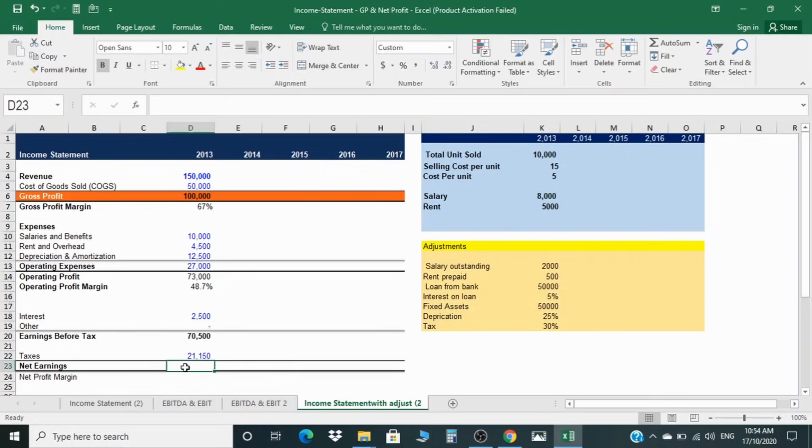Now you go by net earning. Net earning is earning before tax minus tax. You will get your net earning 49,350. And if you want to calculate the margin, divide by revenue; the percentage is already there, so you don't need to. So 30% is your margin, which is quite good.